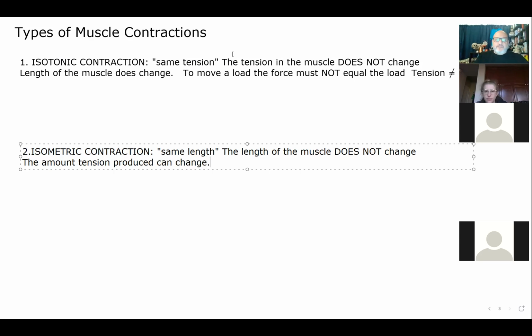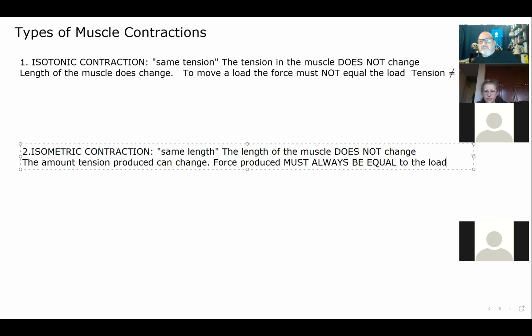And the reason for this is to stabilize that muscle in place, the force produced must always be equal to the load.